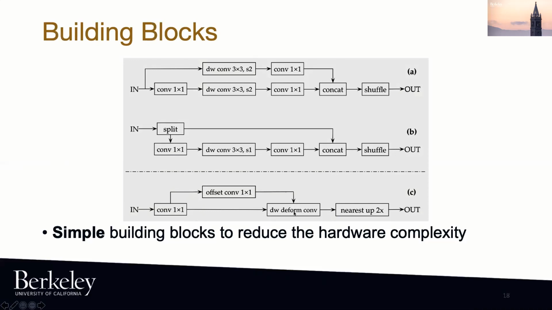The following 3x3 depthwise convolution samples from the previous feature map according to the offset generated by the one-by-one convolution. After that, a 2 times upsampling layer operated by a nearest neighbor kernel is utilized to interpolate the higher resolution features.